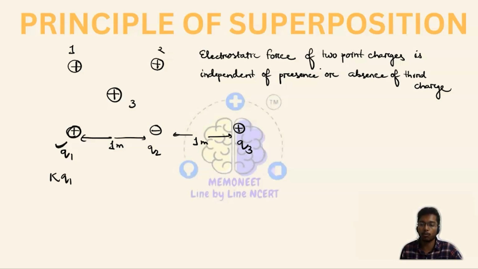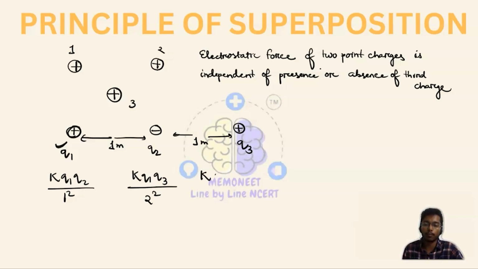The force on Q1 due to Q2 is K Q1 Q2 upon 1 square, and the force on Q1 due to Q3 will be K Q1 into Q3 upon 2 square. Okay, and the force on Q3 due to Q2 is K Q2 into Q3 upon 1 square.